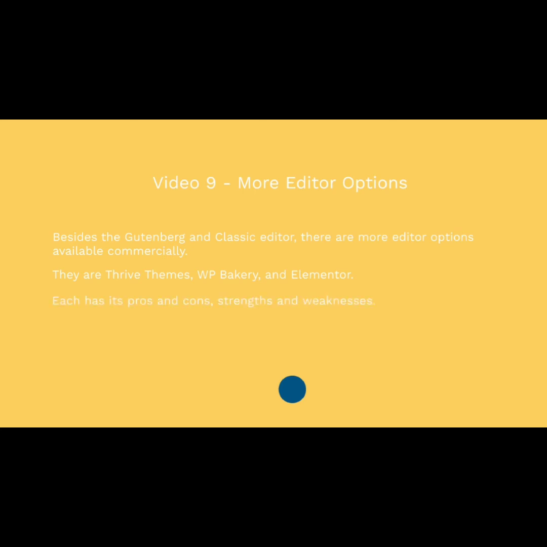Each has its pros and cons. They have their strengths and weaknesses. And really what it comes down to is which one do you like the best? You saw Gutenberg. Most of these are very similar to Gutenberg and they utilize blocks, but they just look a lot nicer and they have a lot more options. So that's really the main difference.